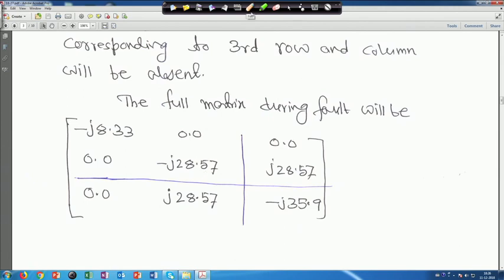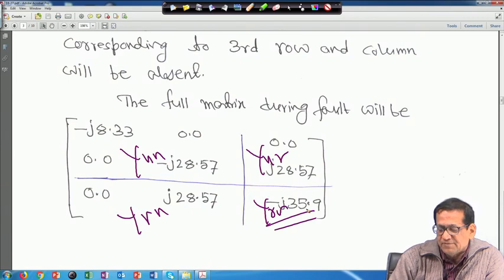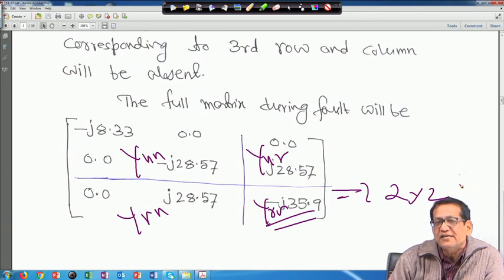Now this is my YNN, this is YNR, this is YRN and this is YRR. It is a single element for this one, right, and we will bring it down to a 2 into 2 matrix using the same relationship, that is YNN minus YNR, YRR inverse into YRN, right.